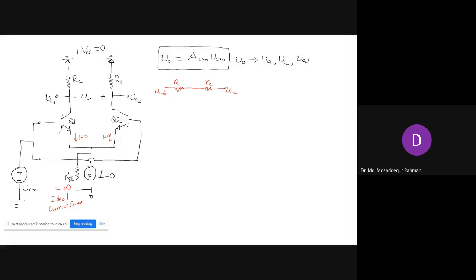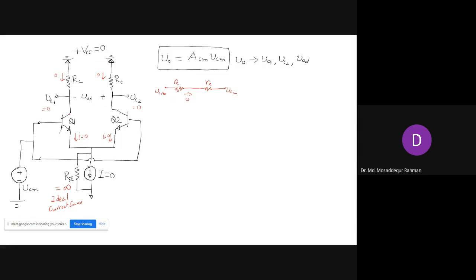At both ends you have the same voltage, so there will be no current flow. Current will be 0. And if this emitter current is 0, the collector currents will also be 0. And if both the currents are 0, then all the voltages will also be 0. Right? So that means there is no output voltage due to these common mode voltages.